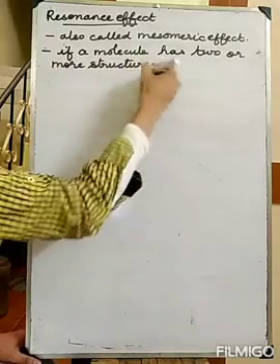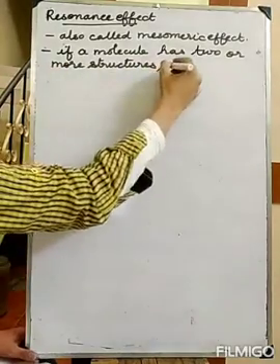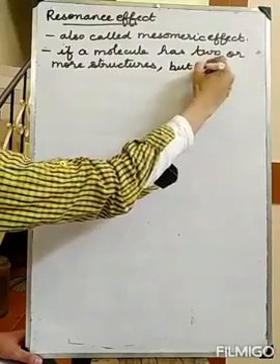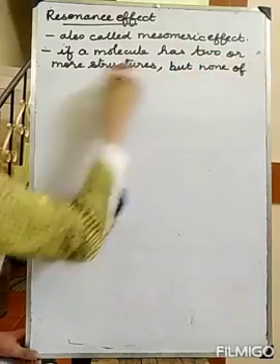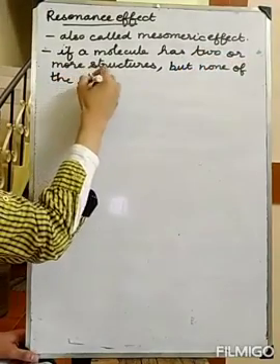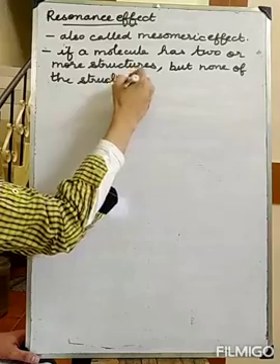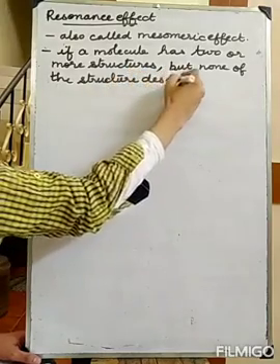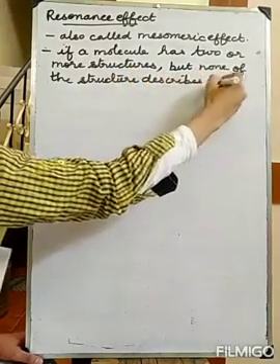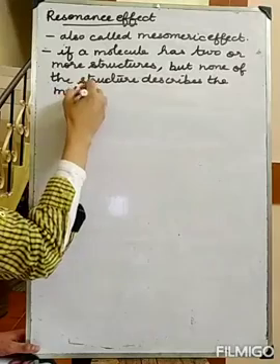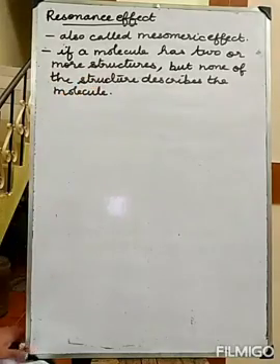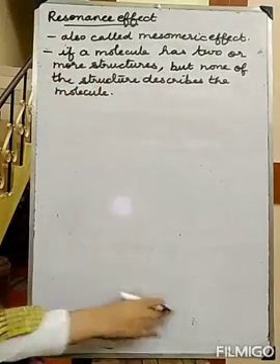Okay, so if a molecule has two or more structures but none of the structure describes the molecule. Okay, when we see the examples you will understand.